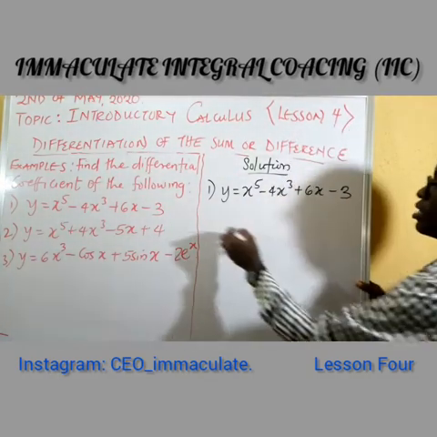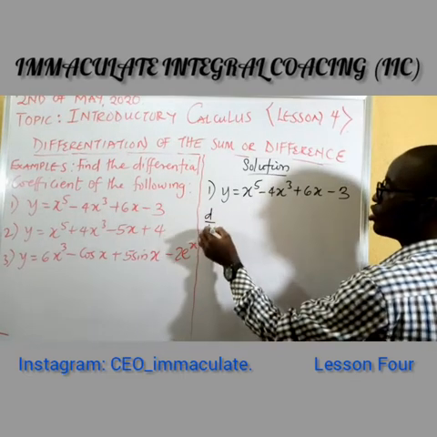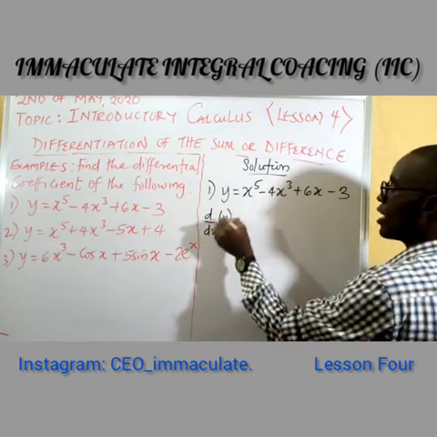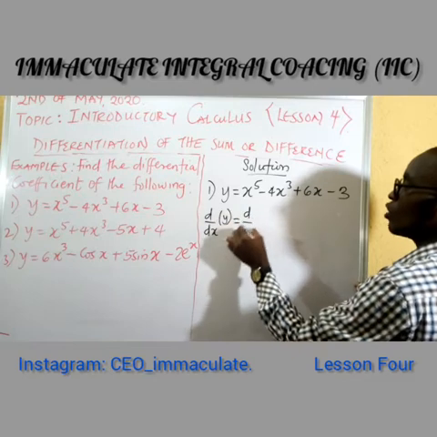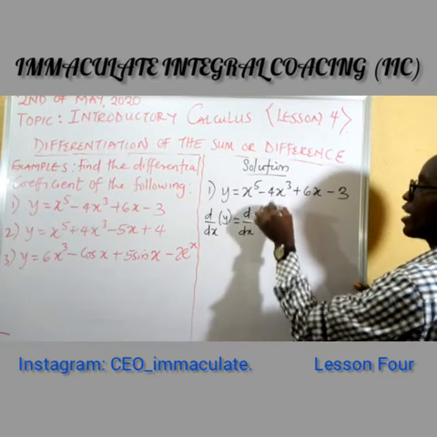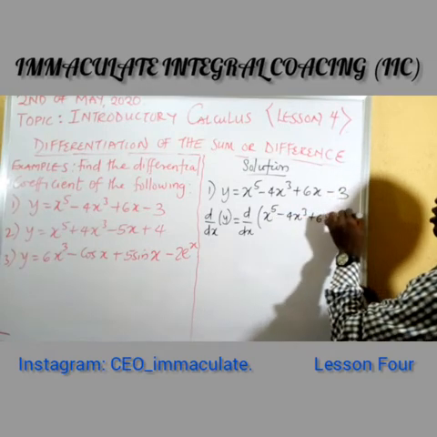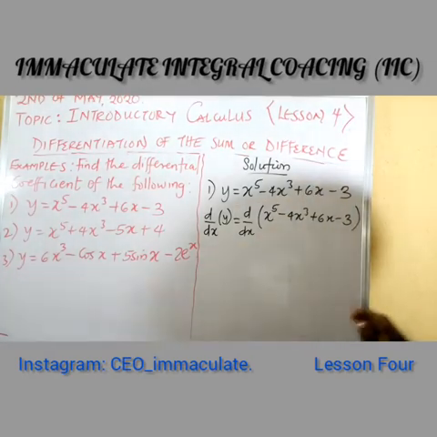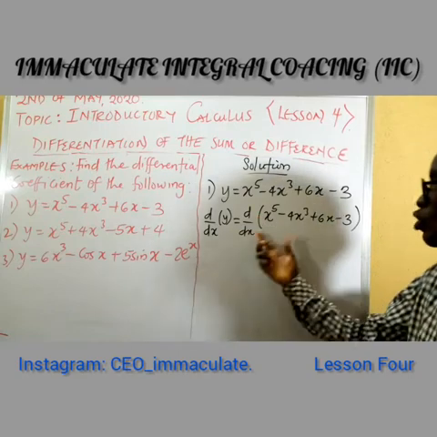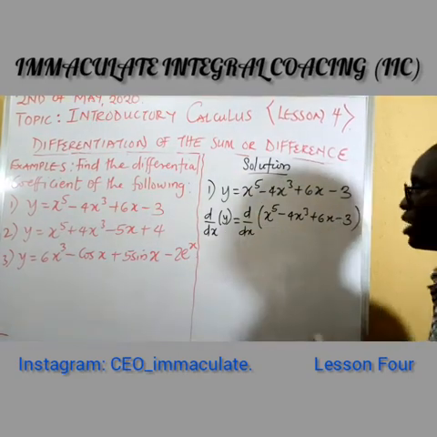So d/dx of y equals d/dx of x to the power 5 minus 4x cubed plus 6x minus 3. From here, we use d/dx on everything inside the bracket.